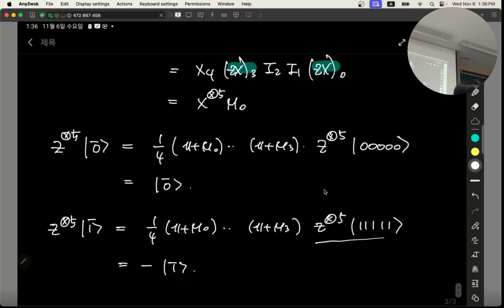So when you have a Z gate on every qubit, you can consider that as a logical Z gate of this logical qubit.